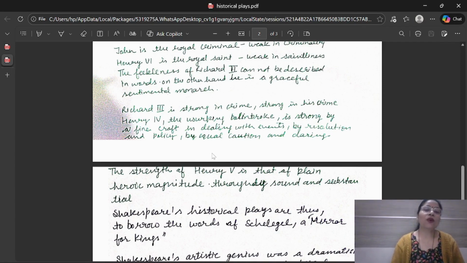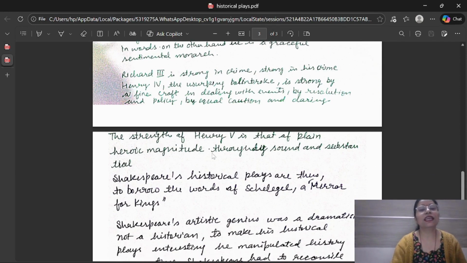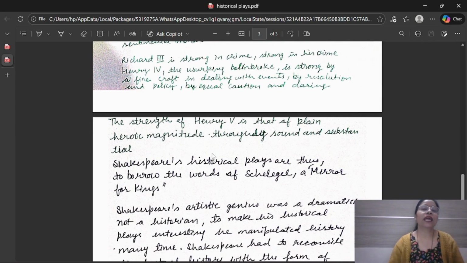The important thing about Henry IV is that he is also called Bolingbroke as he was born in Bolingbroke and Lancaster. He was the beginner of the line of Lancaster. So this is the important thing about Henry IV.